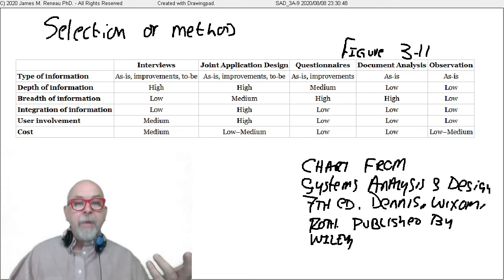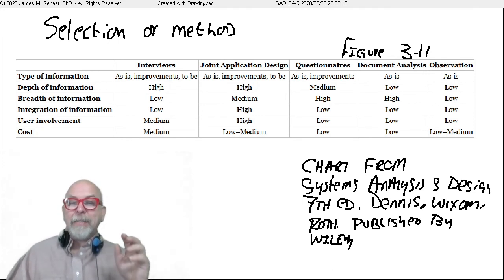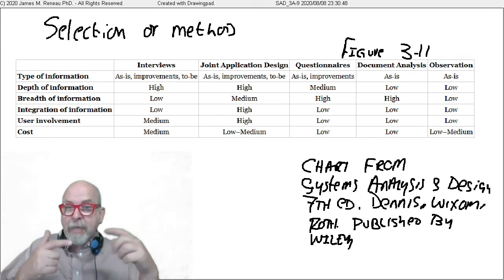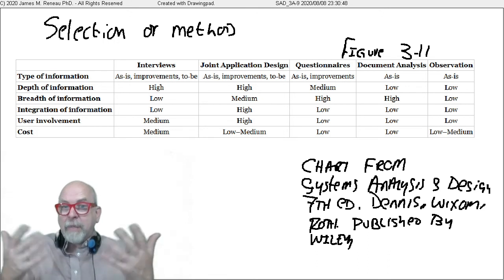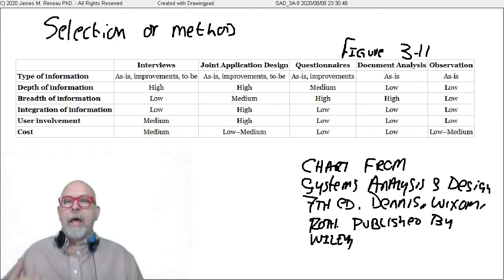Document analysis. Document analysis gives us a lot of information about the as-is system. Now, it says the depth of the information is low. I actually believe it's higher than that because if you go get all those detailed forms and all those detailed documents, you probably have got a lot of low-level information and a lot of depth of information.